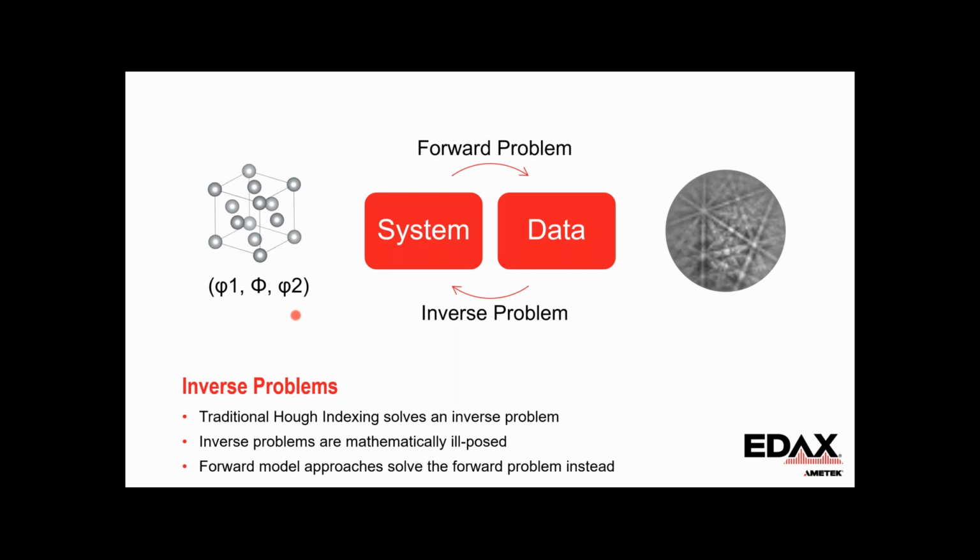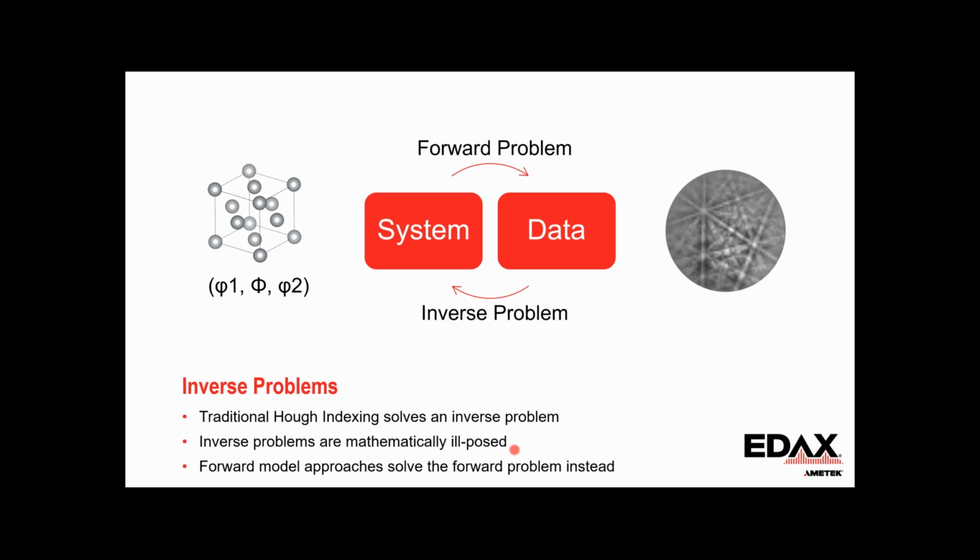All that forward model-based indexing means is that instead of trying to do that backwards problem, we do the forward problem that says, from a given system, what would the resulting EBSD pattern be? And then use that as the basis for indexing instead of, for example, the Hough indexing approach.